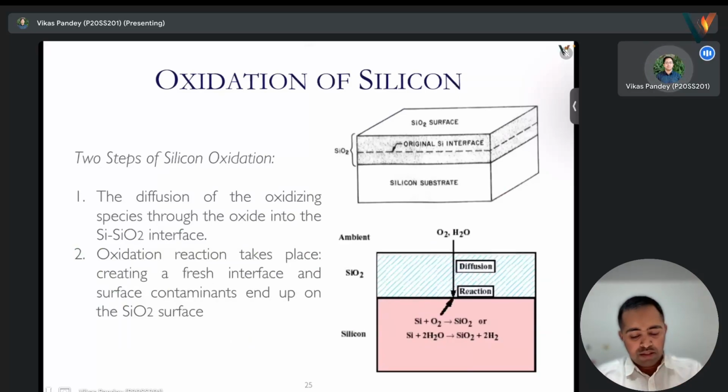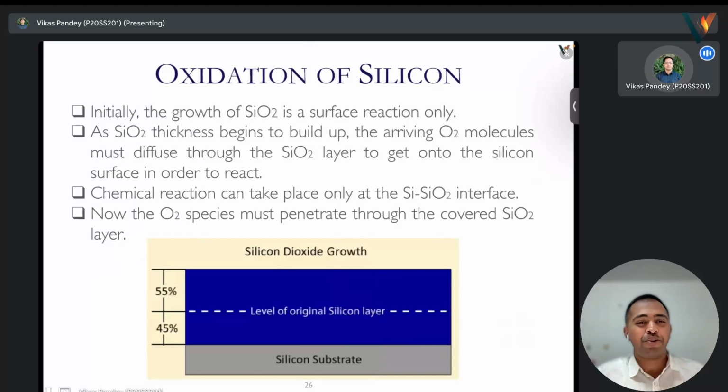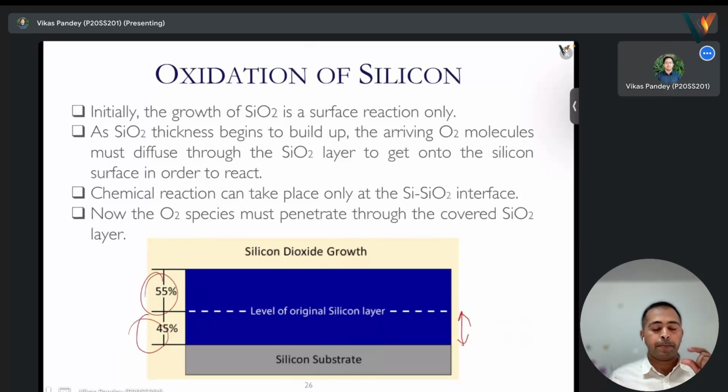We will not go into the chemical reactions. As I said, it is like 45% and 55%. So 45% of the total SiO2 was the actual silicon, and after the oxidation it grew and became the total 100%.